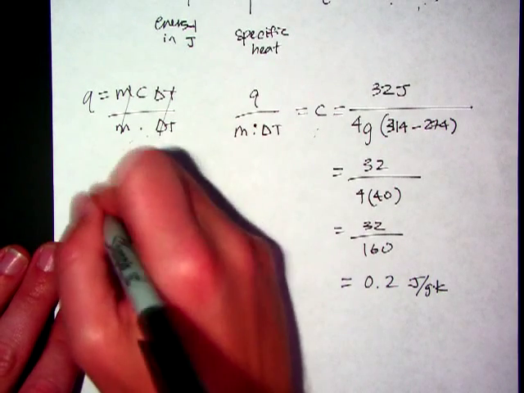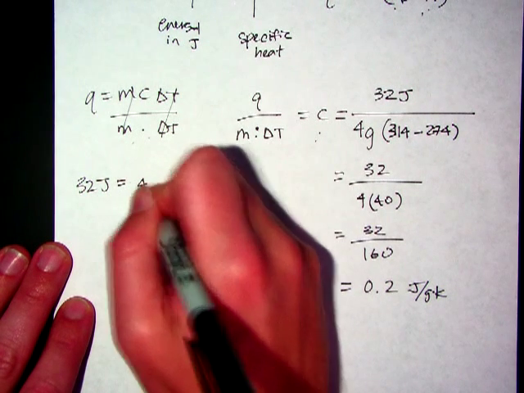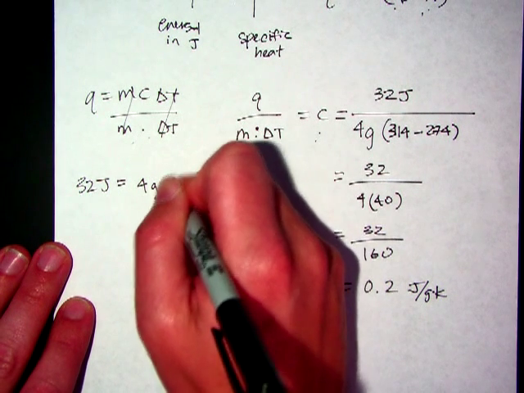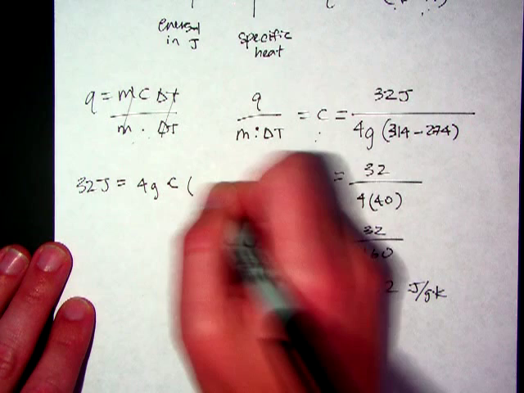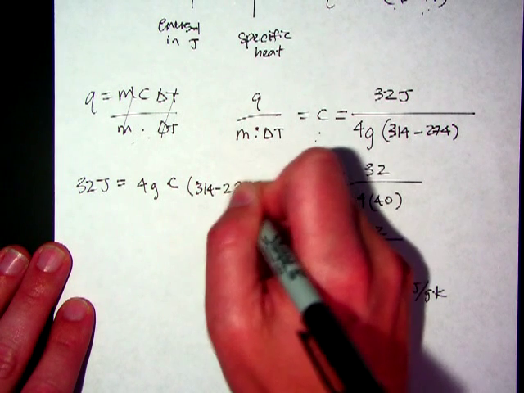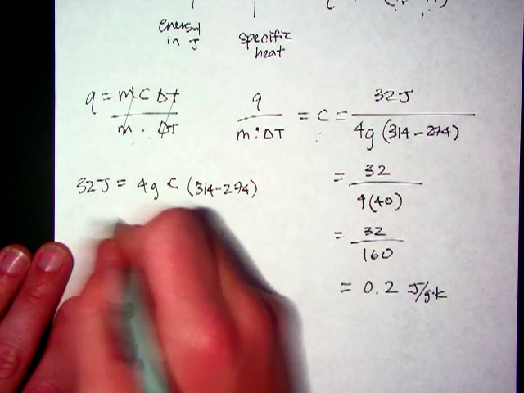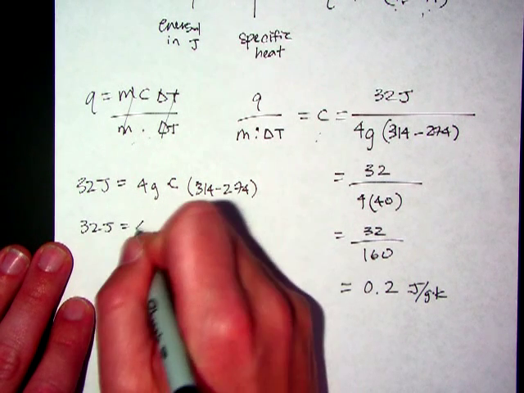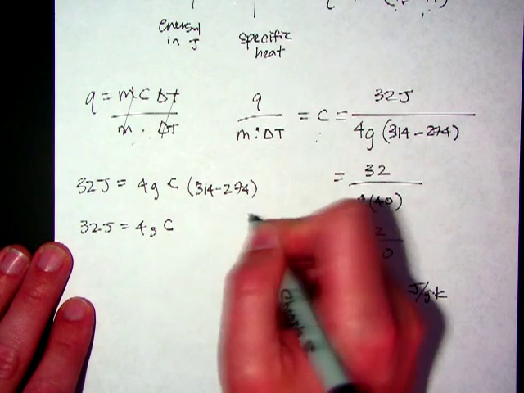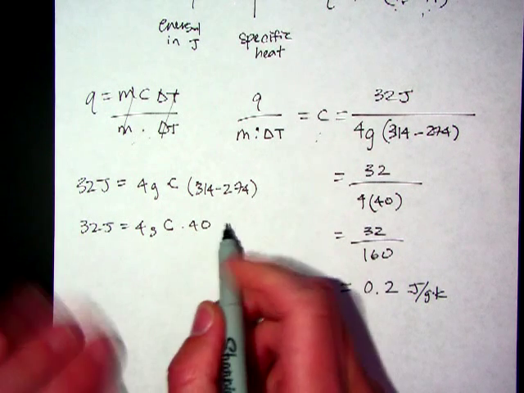If you did it that way, your Q would be 32 joules. The M is still 4 grams. The C is what we're solving for. And the delta T was 314 minus 274. So you would solve this part first, and you'd have 32 joules equals 4 grams times C, and this would be 40. And you still want to get C by itself, so let's work on dividing things.